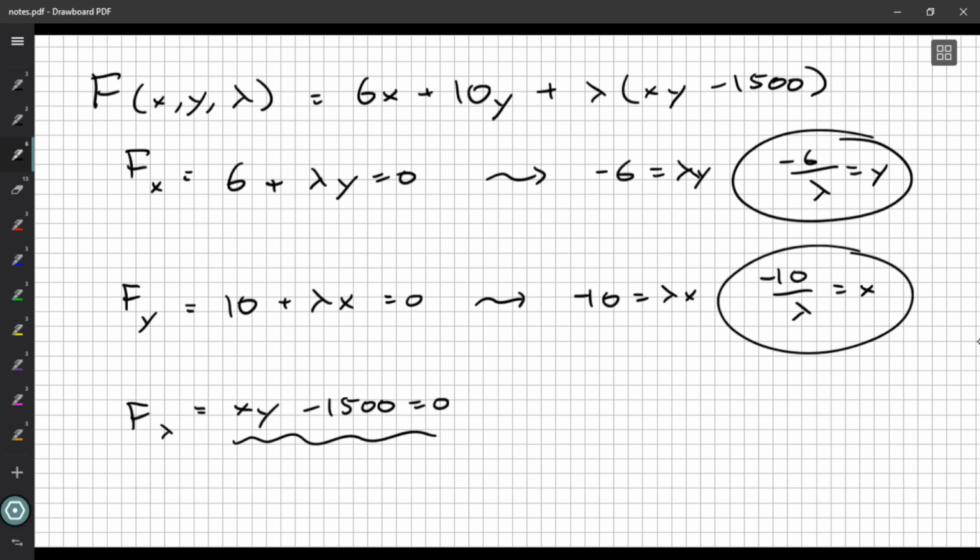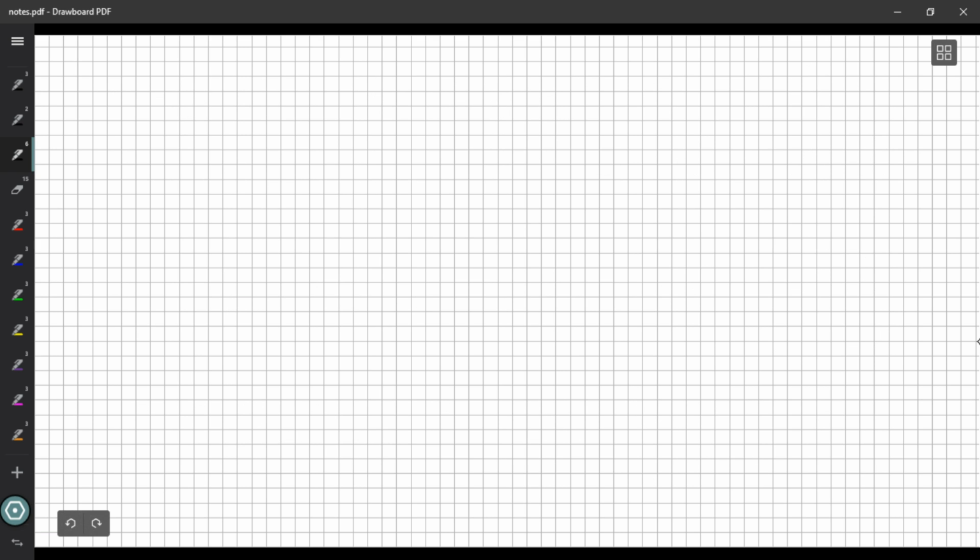So let's plug them in. Minus 10 over lambda, minus 6 over lambda, minus 100. Well, we can just bring it over to the other side and say equals 1,500. So that's 60 over lambda squared is equal to 1,500. All right. So where can we go from here? We need to solve for lambda. Now, it's a quadratic, so there might be a couple possible values for lambda. One thing we could do is rearrange it and say lambda squared is 60 over 1,500.